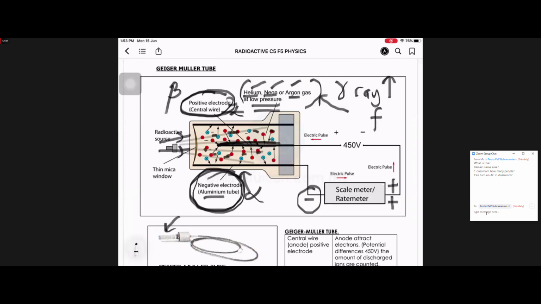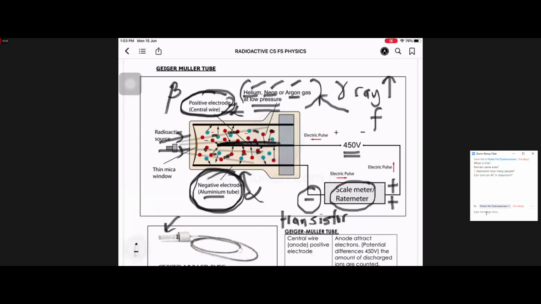They will be discharged, and as the high voltage flows here, the scale meter will have a transistor. The transistor will amplify the current. So we know basically the system works in a very simple way.